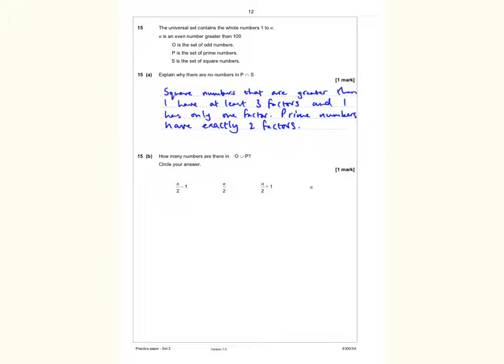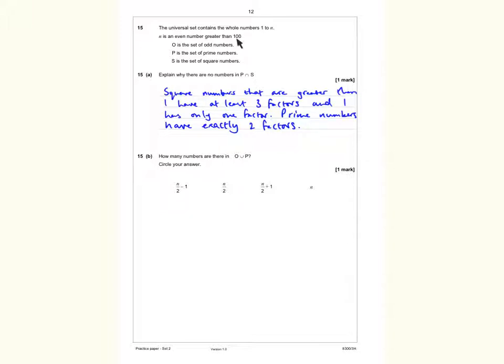Question 15b. How many numbers are there in O union P? So O is the set of odd numbers, so all of the odd numbers, and we have to also include the prime numbers. Circle your answer. The universal set contains the whole numbers 1 to n, and n is an even number greater than 100.